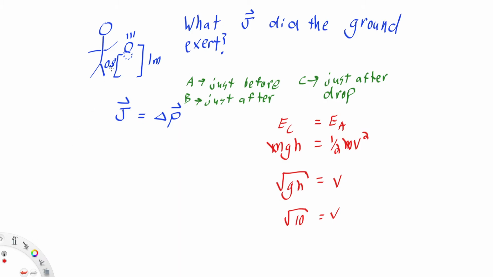We can also do a similar analysis if we have a point D, which is the height after the bounce, right? So it's the little dotted blue region over here.